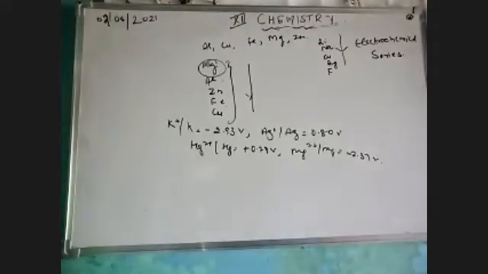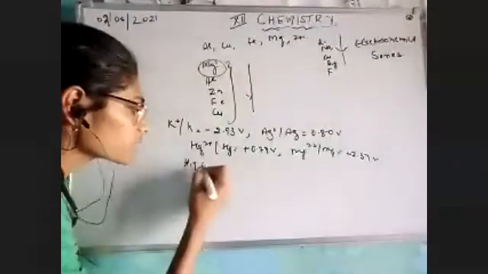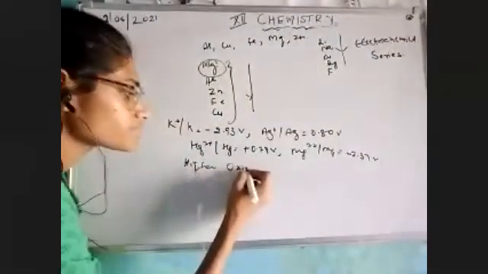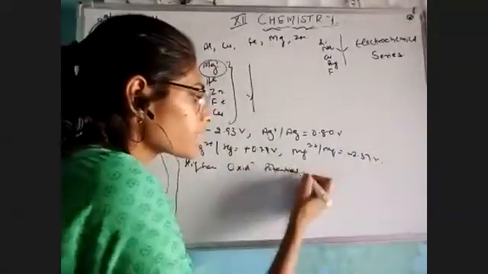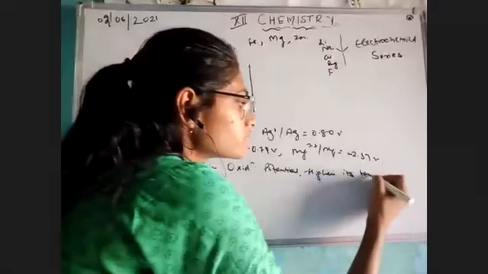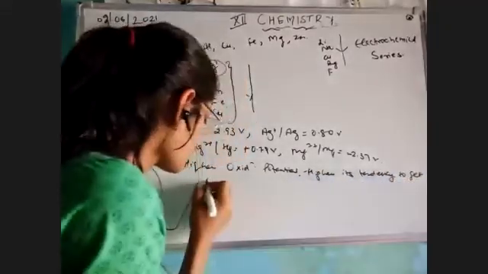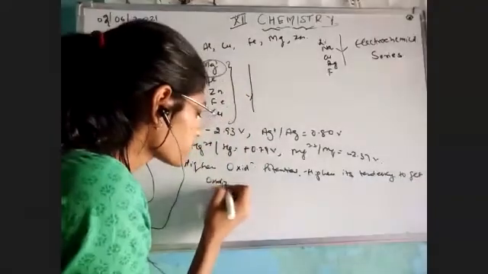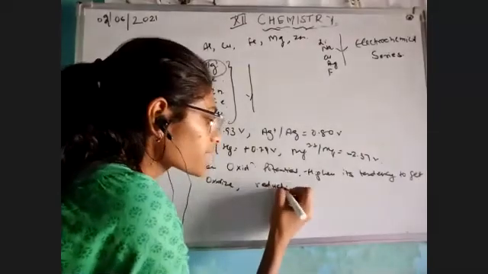Now, bacha, you know very well, we have studied this concept according to the Nernst equation application, that if there is higher oxidation potential, that means higher its tendency to get oxidized, or we can say their reducing strength is also high, right?